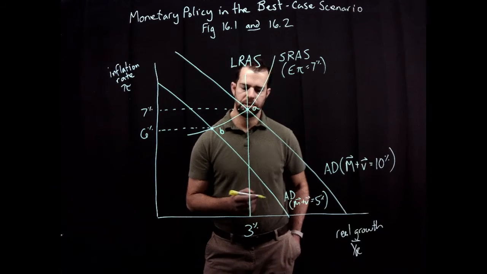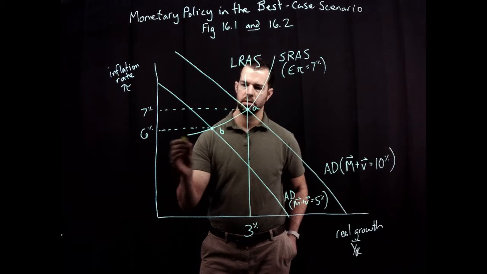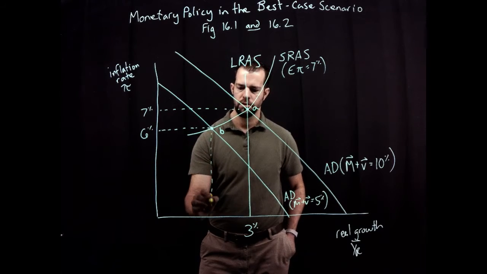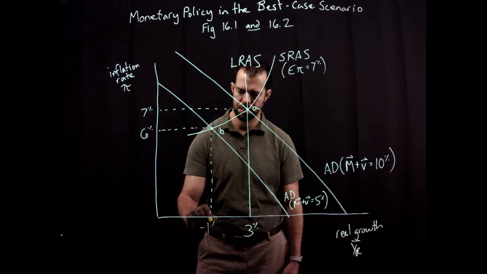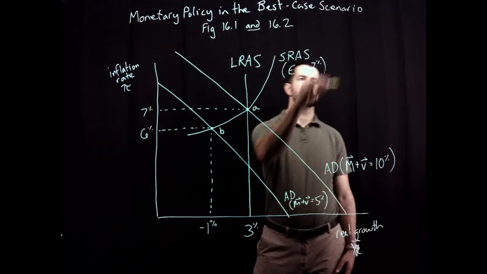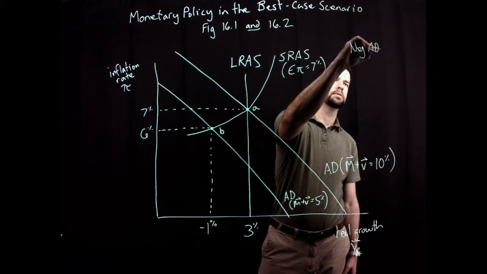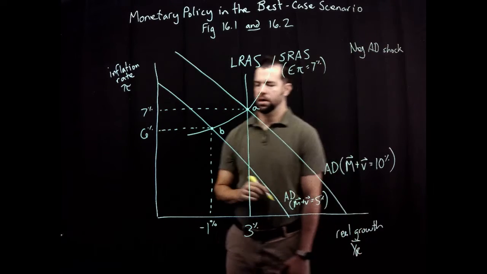So the other 4% has to be taken off of the growth rate. Okay, and so 6 plus -1 is going to give us a 5% spending growth rate. So under this scenario, we have a negative aggregate demand shock, and that's going to cause a recession.